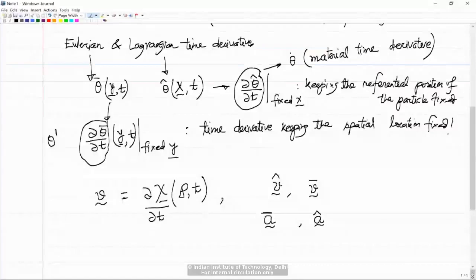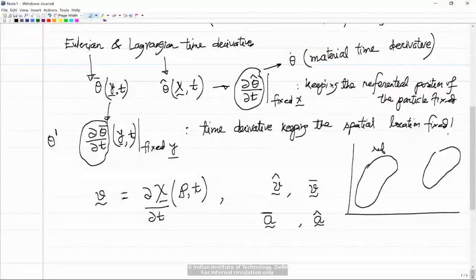Okay, Niladri is asking, referential position fixed means, by any example. See, you have to always think of this general picture. So this is reference, this is deformed, and then this is your body. Here's the particle P, which has a unique location X in the reference configuration.